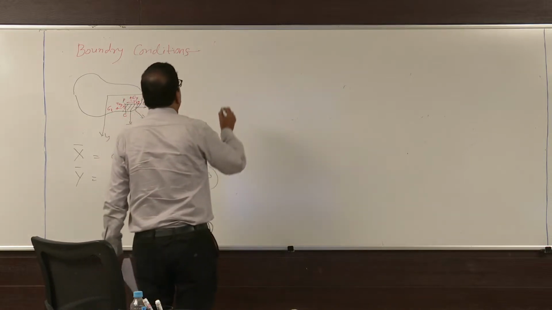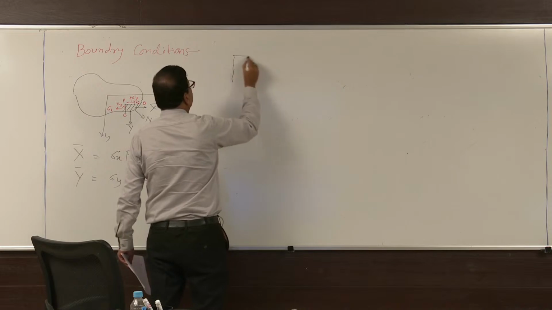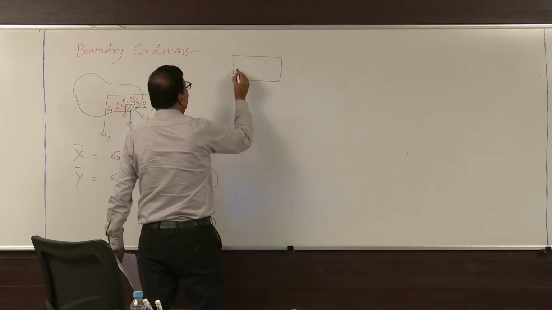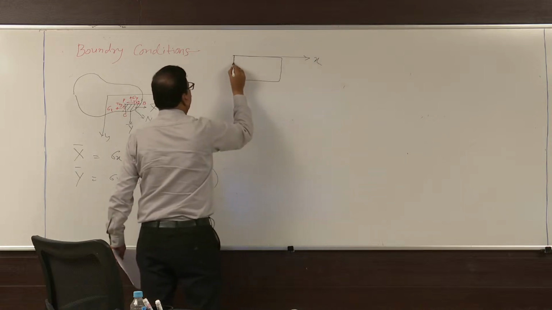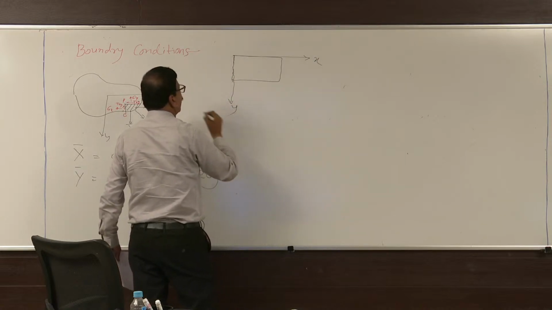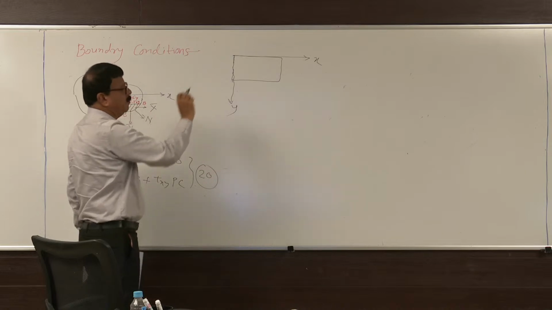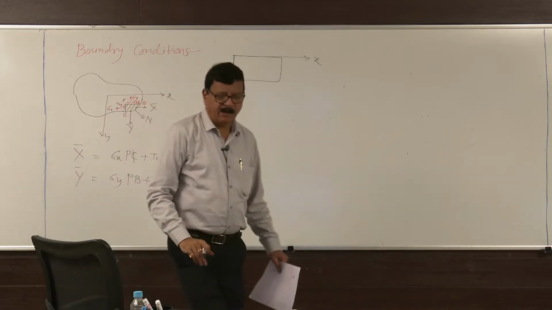This means, if this is the plate, we generally take x, and this is y, parallel to the sides for the rectangular plate.